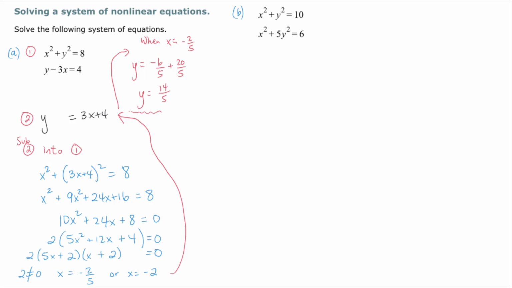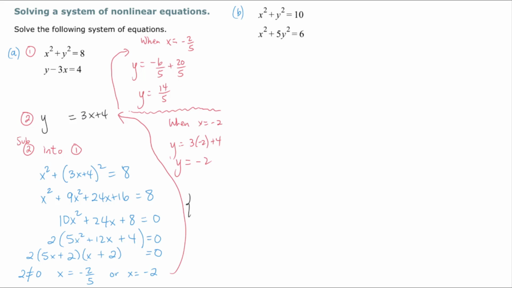Let's try to get another ordered pair. How about when x equals negative 2? We're still going to use equation 2. So y is equal to 3 times negative 2 plus 4. So that is now equal to negative 2. So for example A, we have a set that consists of two solutions.